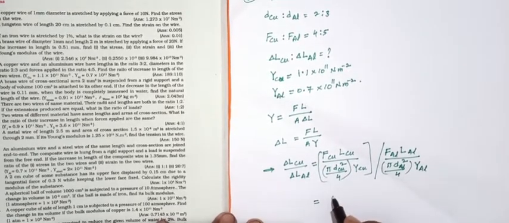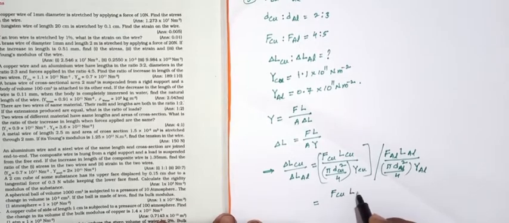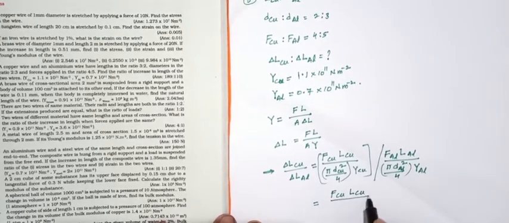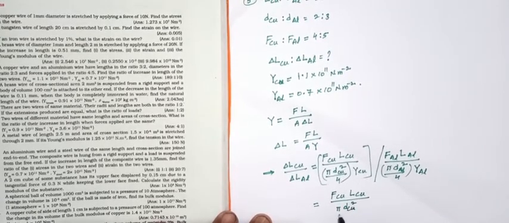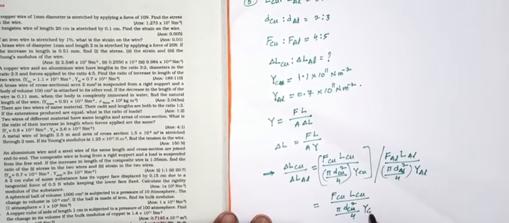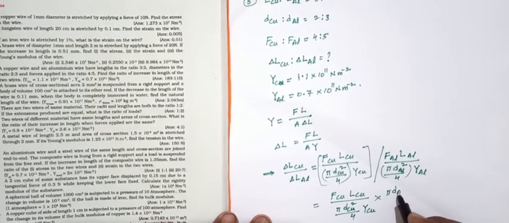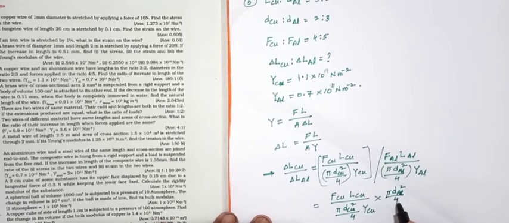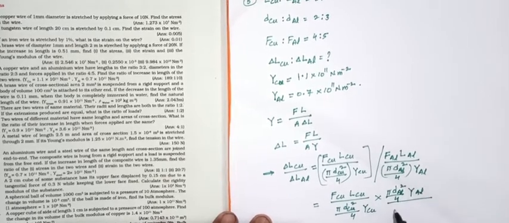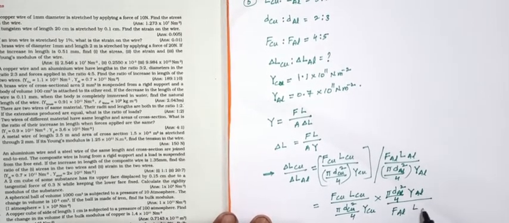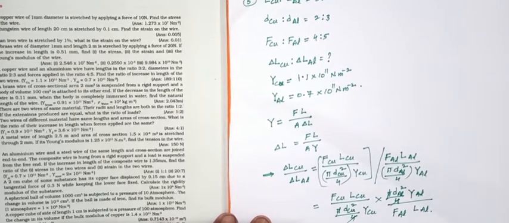So F copper L copper divided by pi d copper square by 4 into Y copper, into pi d aluminium square divided by 4 Y aluminium divided by F aluminium L aluminium. Pi by 4 and pi by 4 get cancelled here.